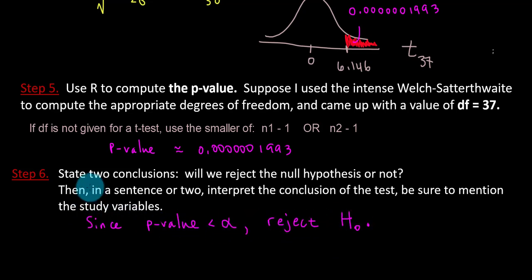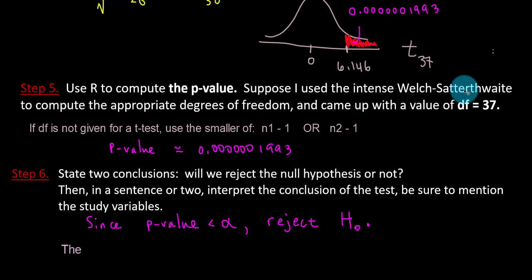I am also requesting that in a sentence or two, you interpret this conclusion. Be sure to mention the study variables. So we're going to want to mention cholesterol level. We're going to want to mention what difference we have observed in our two groups. Let's get at it.